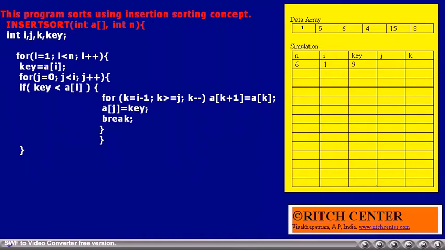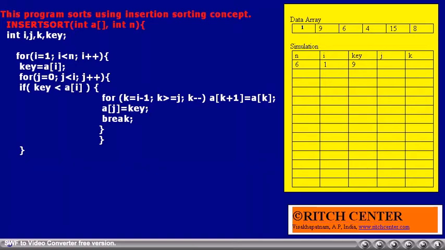Let us consider the array having elements 1, 9, 6, 4, 15, 8. We will start from the second element onwards, that is I equal to 1 onwards. When I value is 1, the ith element value is taken as the key.